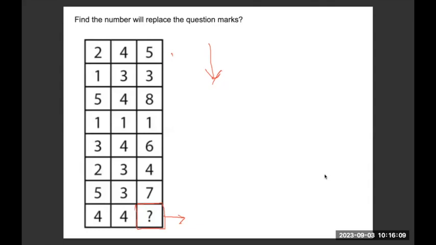So 245, 133, 548, 111, 346. Likewise. Trisha, correct answer. Rishabh, correct answer. Ria, Mahi, correct. Ria, correct answer. Mahi, wrong answer.